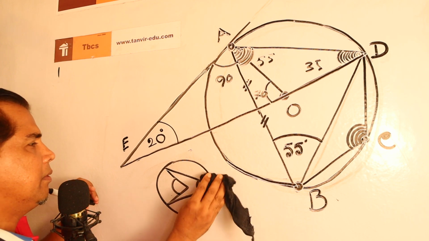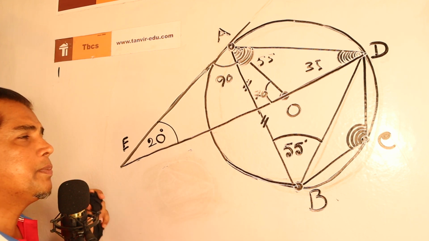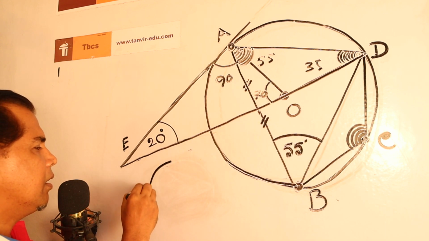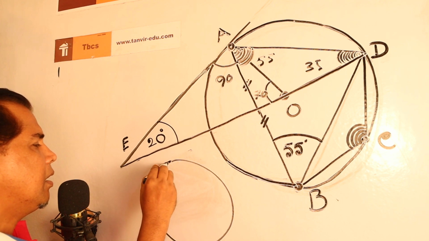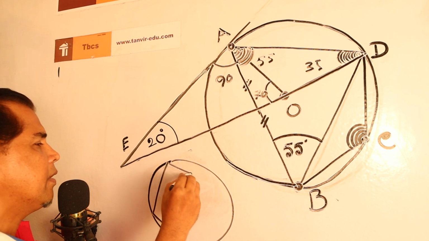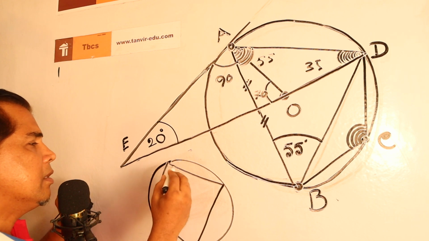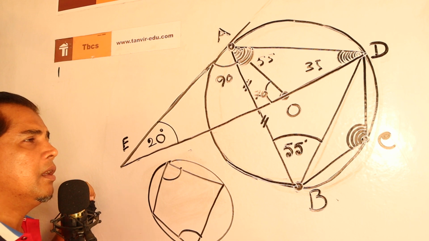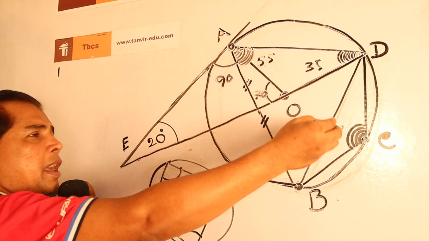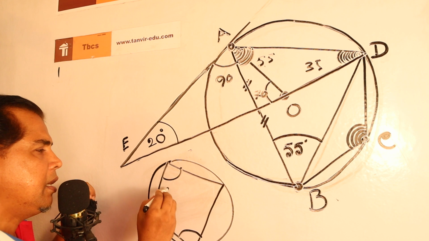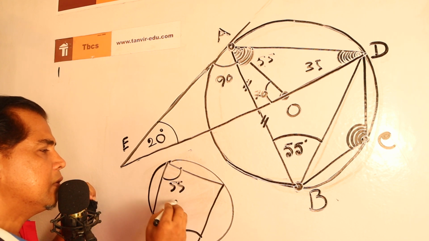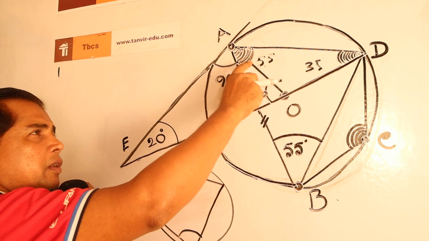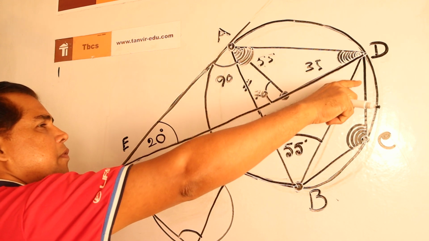The third matter, our third expectation, is this angle. This is called a cyclic quadrilateral. If a four-sided figure is drawn in a circle, the opposite angles add up to 180. This is 55, so the other will be the rest of the 180.